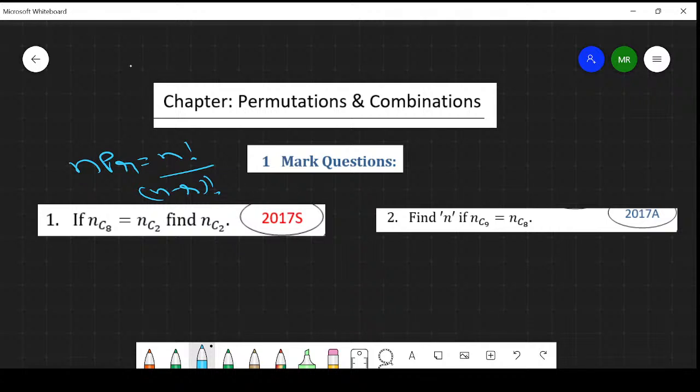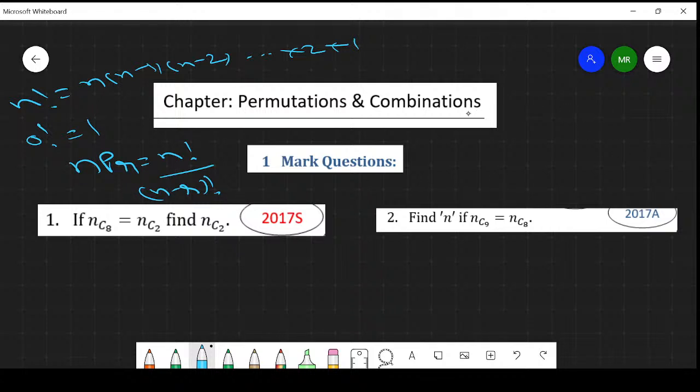You know n factorial means n into n minus 1, n minus 2 and so on, up to 2 into 1. Consecutive numbers you should multiply. That is n factorial. Wherever 0 factorial comes, we consider it as 1.